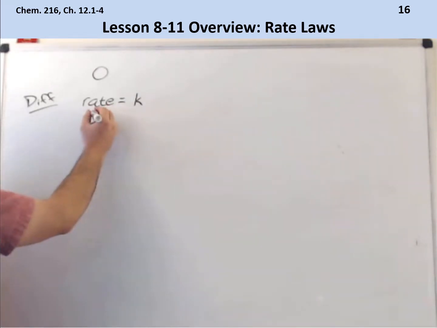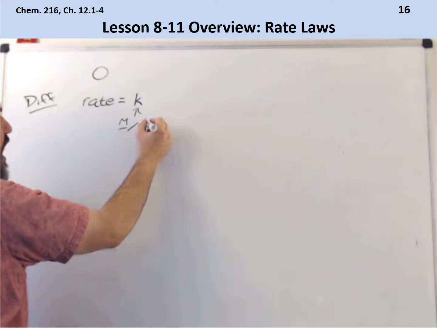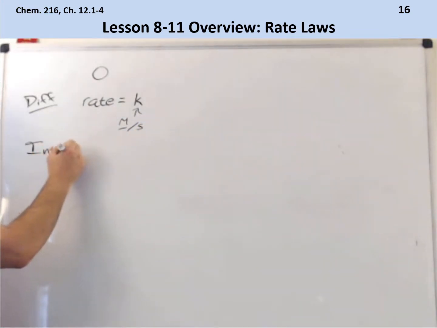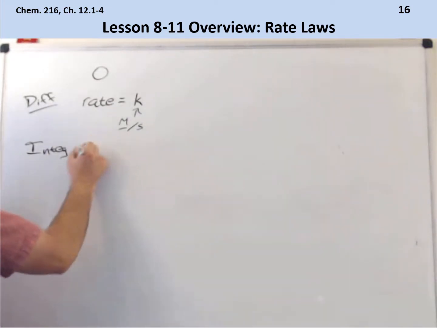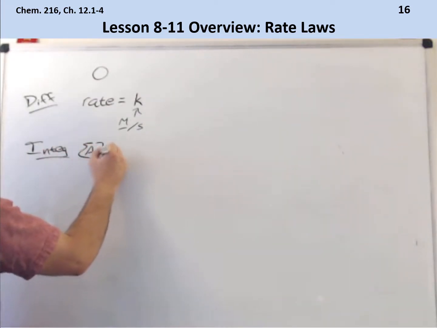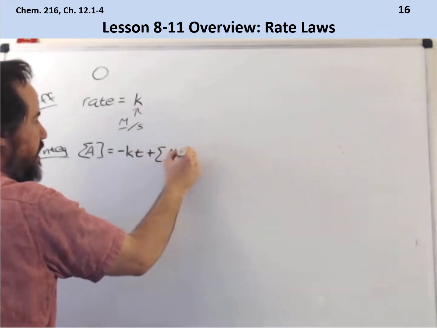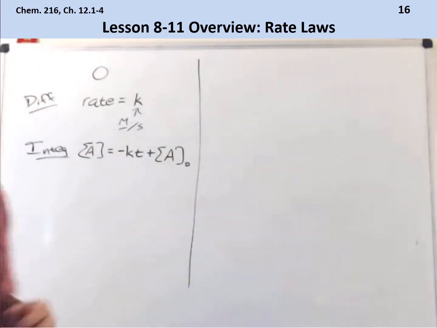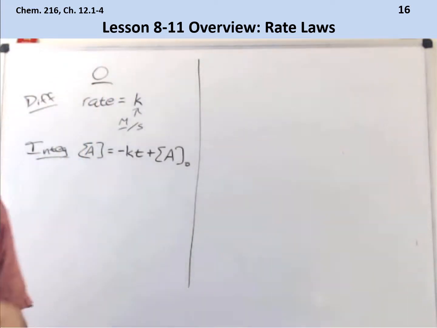The units for k are molar per second. The integrated rate law we learned last lecture is [A] equals negative kt plus [A]0. We see zero order a lot when we're talking about catalysts.